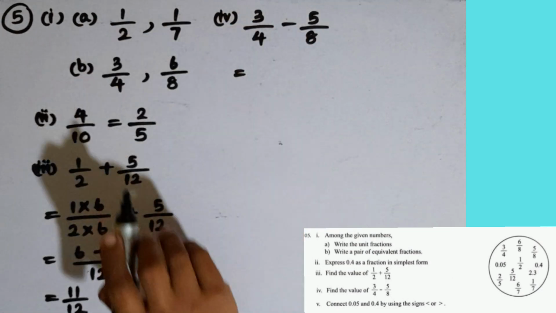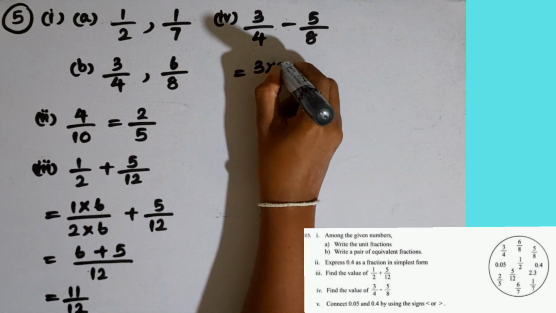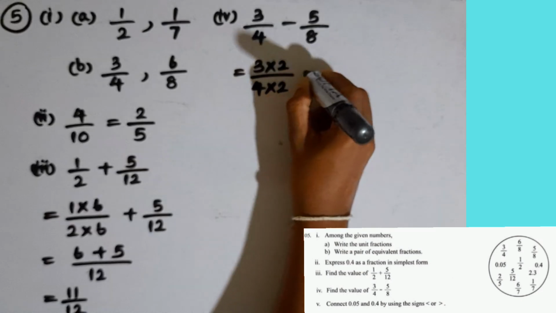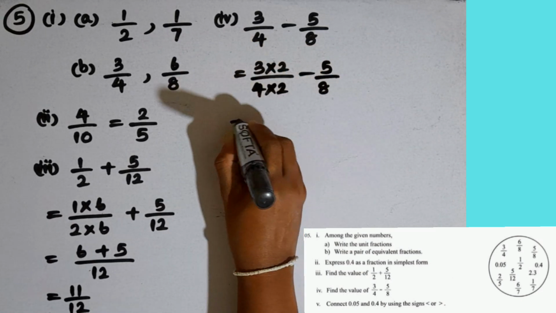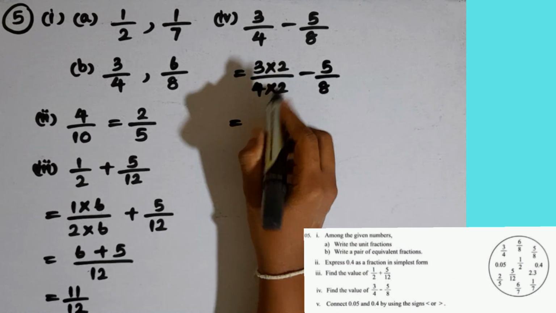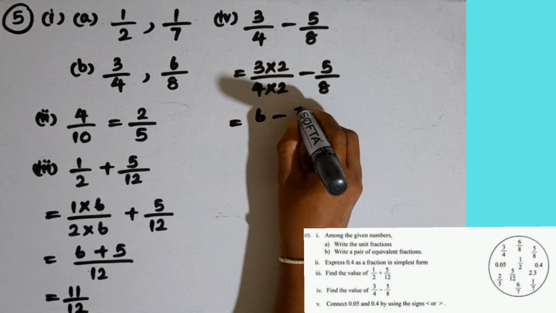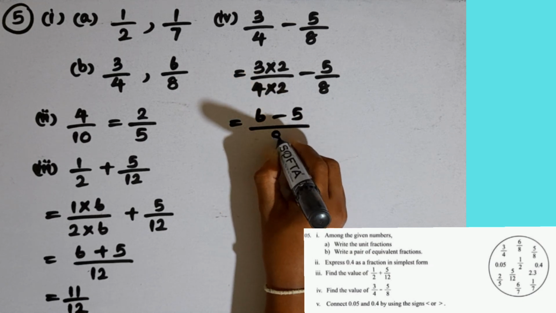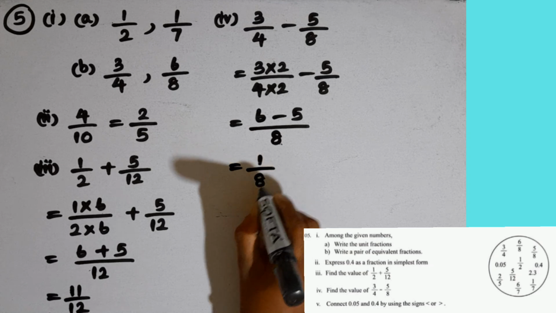The first fraction can be multiplied by 2. 3 multiplied by 2 over 4 multiplied by 2 minus 5 over 8. Then the numerator comes 6 here, 3 into 2 is 6. Minus 5 over the common denominator, which is 8. Then the answer is 1 over 8.